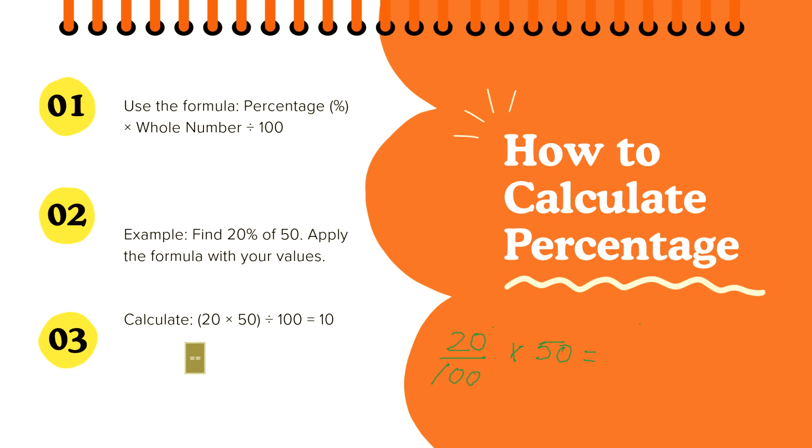We will cancel this 0 with this 0, and then it will be 5 times 2, which is 10. So if you have 50 bananas and 20% of them are rotten, how many bananas are rotten? Then you will say it will be 10 this way.